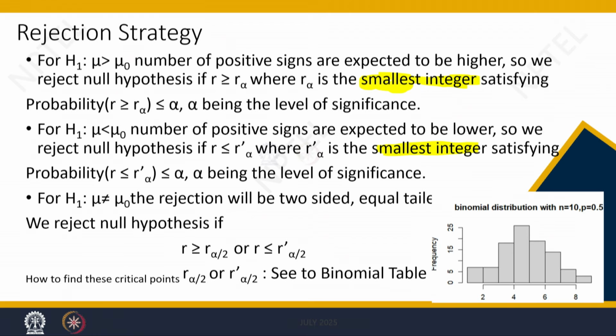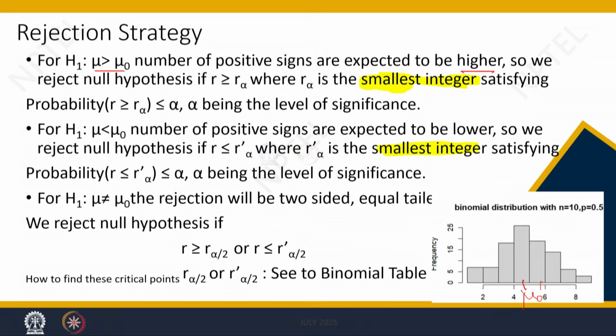Okay. What is the rejection strategy? How do you reject the null hypothesis? For the alternative hypothesis mu greater than mu 0, the number of positive signs is expected to be higher. Suppose your median, mu 0, is somewhere here, and under the alternative hypothesis you are claiming that the median is shifted to the right of mu 0. What will you expect?